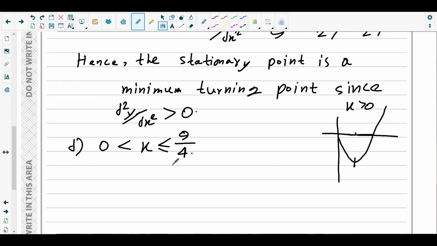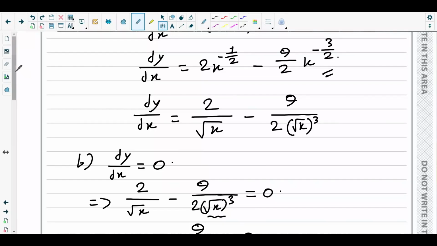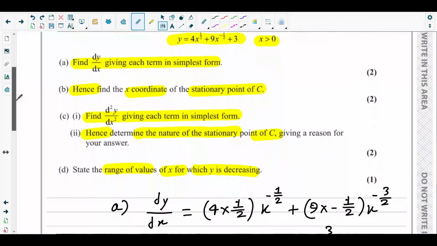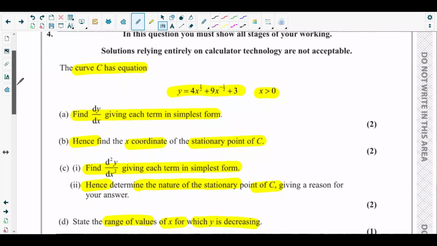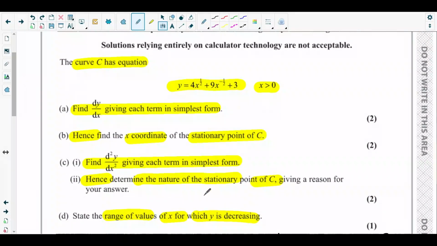Okay, it can be less than or equal to 9/4, or you can just write 9/4, no problem. Both will be accepted. Okay, so that's the end of question number 4 from the most recent paper of Pure Mathematics 2, which is the October 2024 P2 paper. Fine.